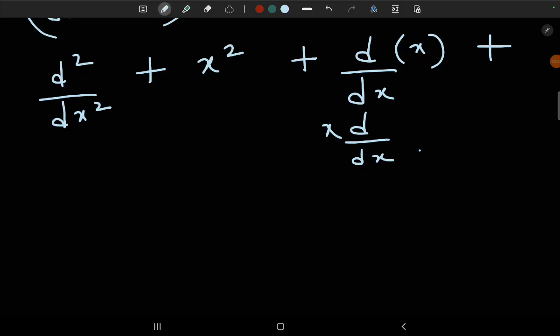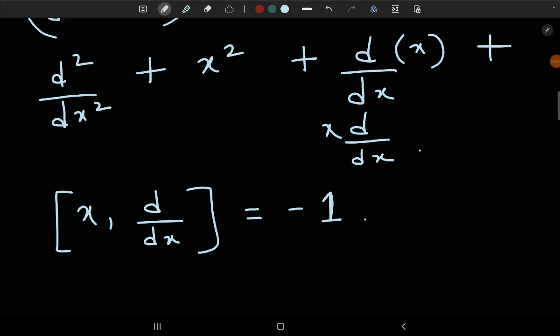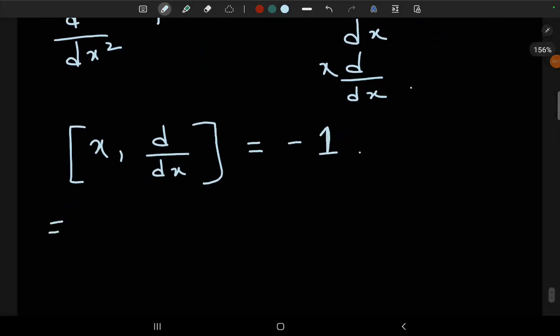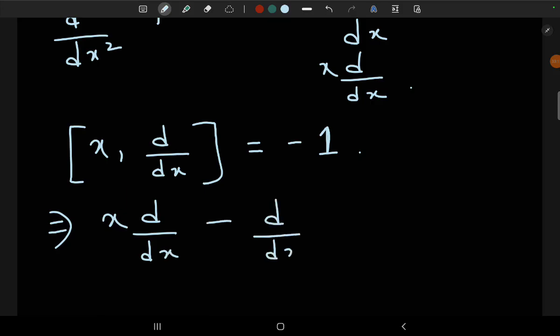right? We remember from our first video the commutator of x and d/dx, what was this? This is actually minus 1, right? So this implies that x d/dx minus d/dx on x is actually minus 1.